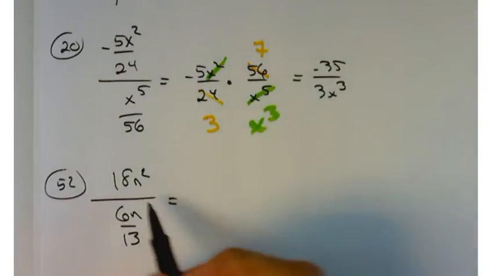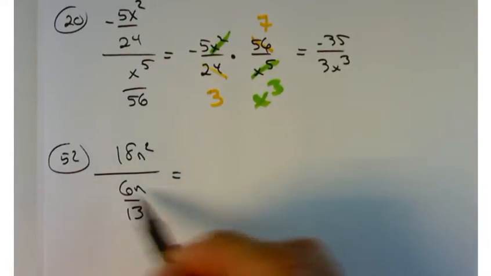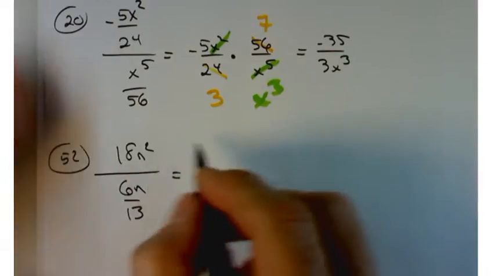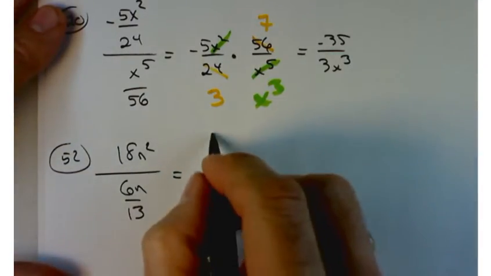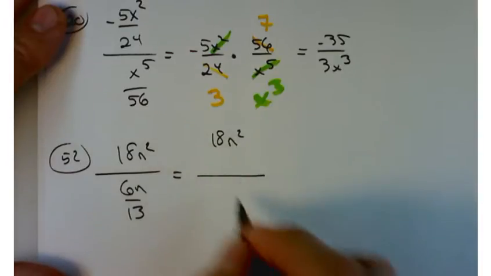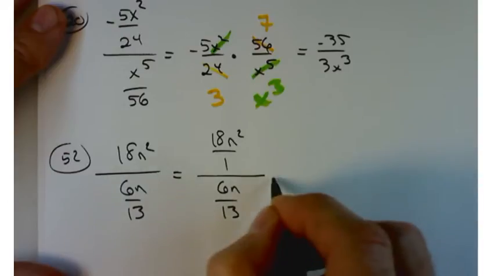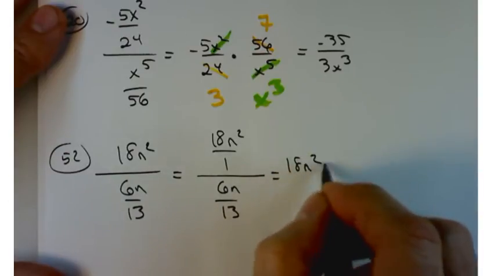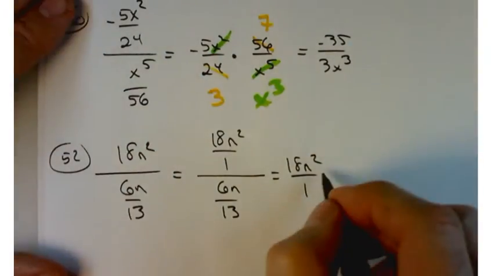So a little trick with this one, because we have something in the numerator and a fraction in the denominator, let's make this a fraction. How could I make that a fraction? You got the answer? 18n squared over 1 divided by 6n over 13. And then from here, the rest is the same as it was before. Invert and multiply.